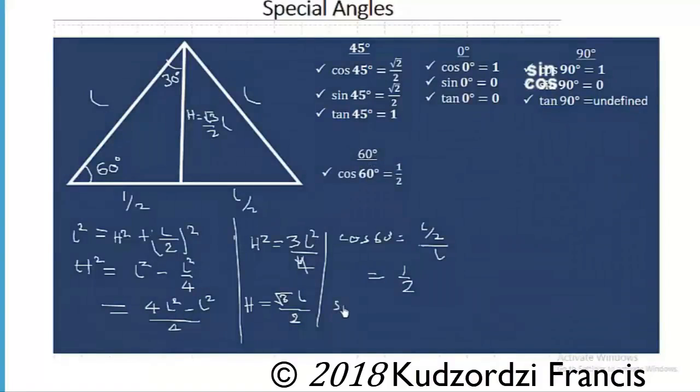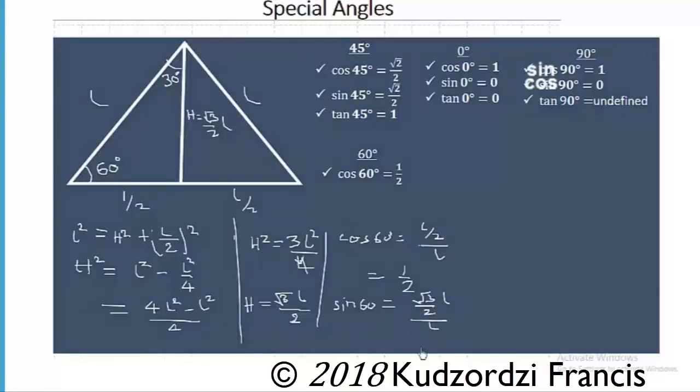Then sin 60 will now be equal to opposite, which is root 3 over 2 L, over the hypotenuse, which is L. And this will cancel this to give us root 3 over 2. So sin 60 is root 3 over 2.